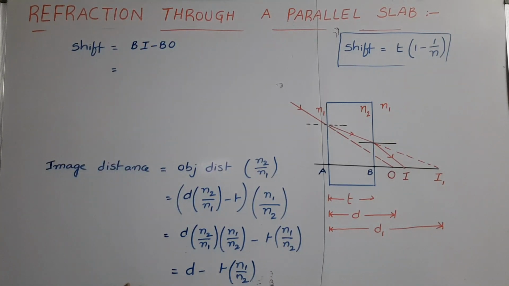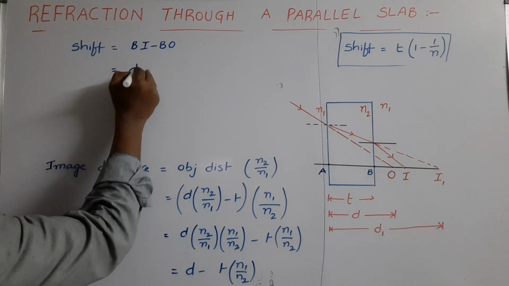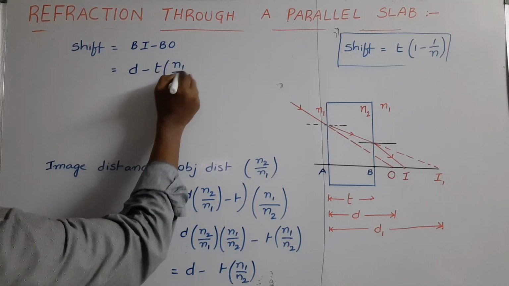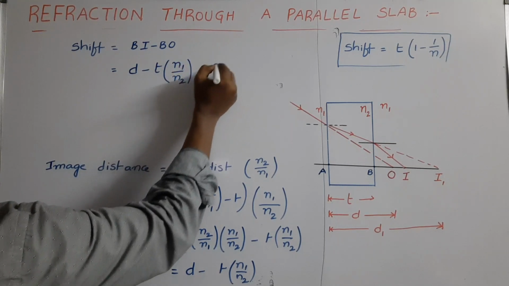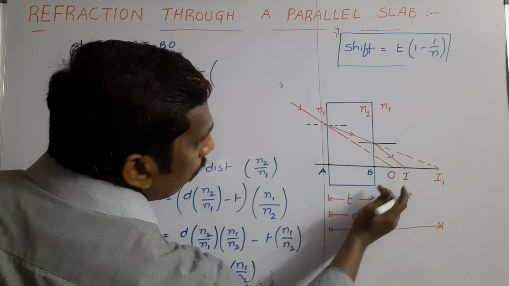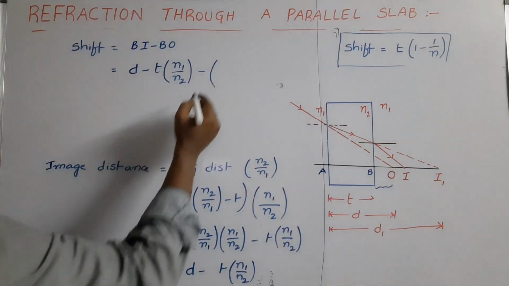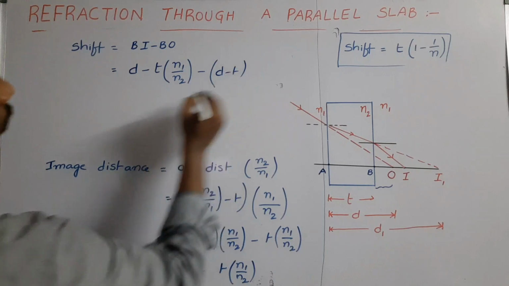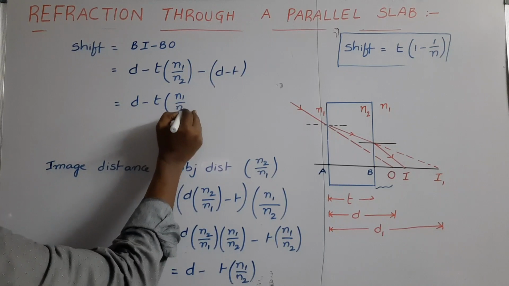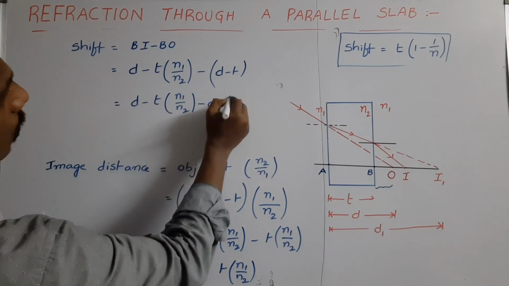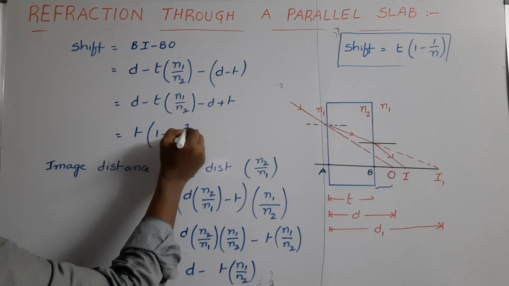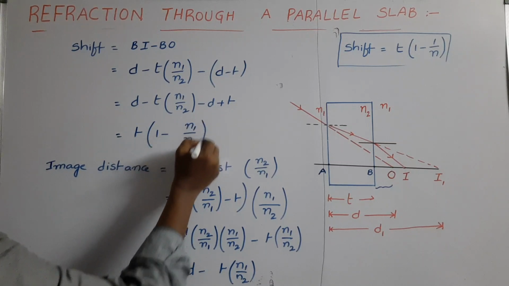BI is the image distance, d minus t into n1 by n2, minus BO. Total is d, AB is the t. So the remaining BO is equal to d minus t. So from that, d minus t into n1 by n2 minus d; minus of minus becomes plus t. The d's get cancelled. If we take t common, we get 1 minus n1 by n2.